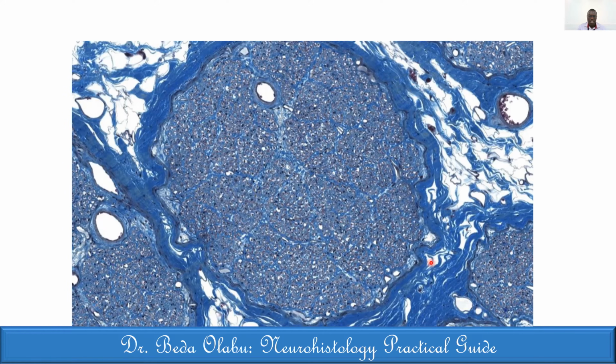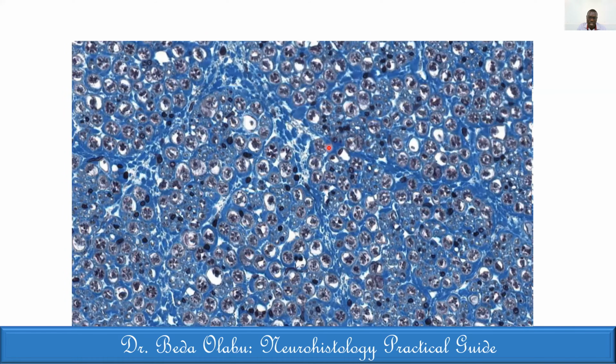So remember, if we talk about the connective tissue elements of a peripheral nerve, there is endoneurium, perineurium, and epineurium. So endoneurium will be the connective tissue elements that we see within the fascicle there. Perhaps a high magnification will reveal. So this is the endoneurium, surrounding each axon of fiber, as you can see there.